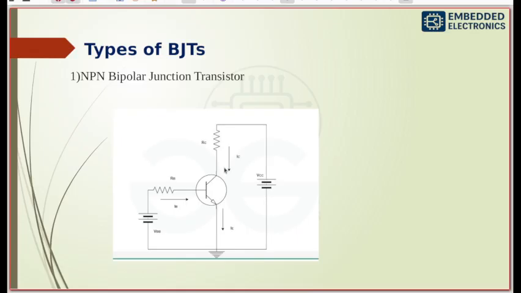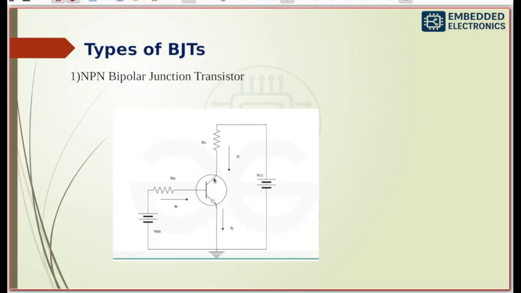The emitter-base junction is forward biased, and the collector-base junction is reverse biased. We need 0.7 volts for a silicon transistor and 0.3 volts for a germanium transistor. It must be applied.